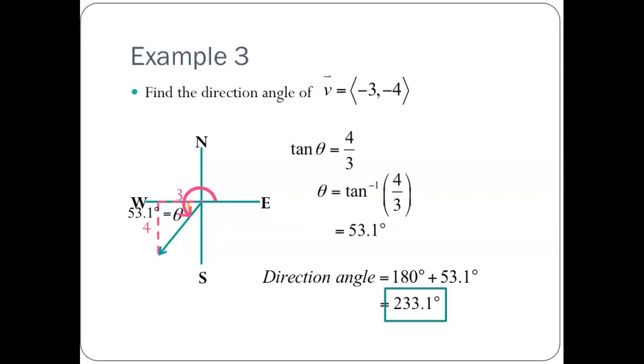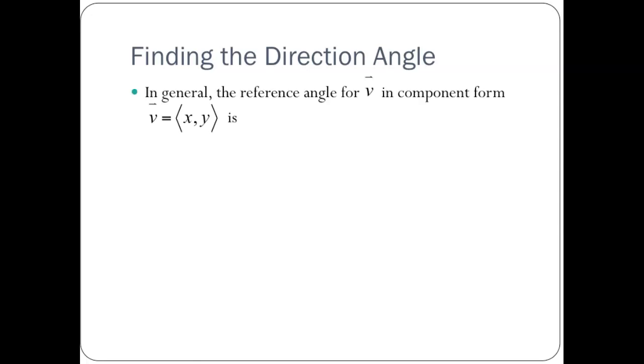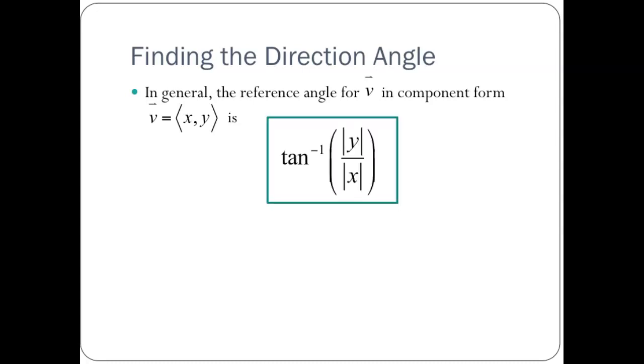So let's generalize that. In general, the reference angle for a vector v in component form, we'll call the component form x and y, is tan inverse of the absolute value of y over the absolute value of x.